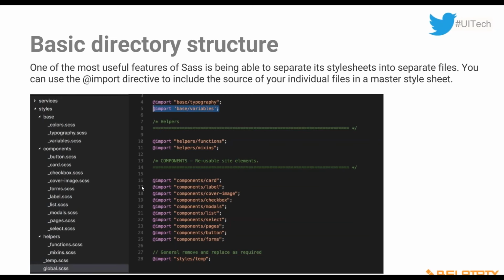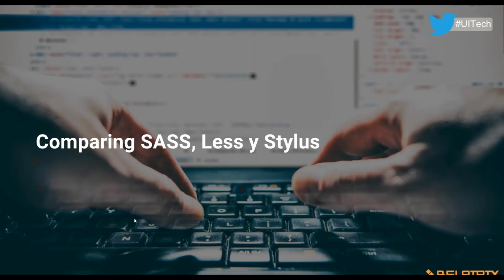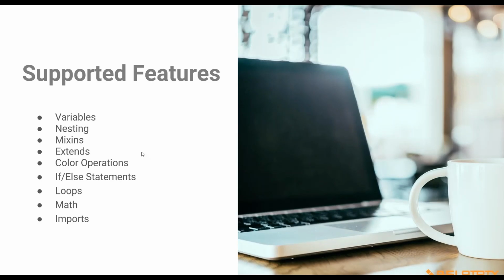Okay. We will see a little comparison between SASS and other preprocessors. In general, all the features are supported, like in Less or Stylus. They support variables and nesting, maybe with a different way to implement loops or math. But in general, you have to pick one as your starting point, or maybe it depends on your preferences, but most of them support these behaviors. Here we can see a comparison. In general, Less and Stylus support the syntax and variables.